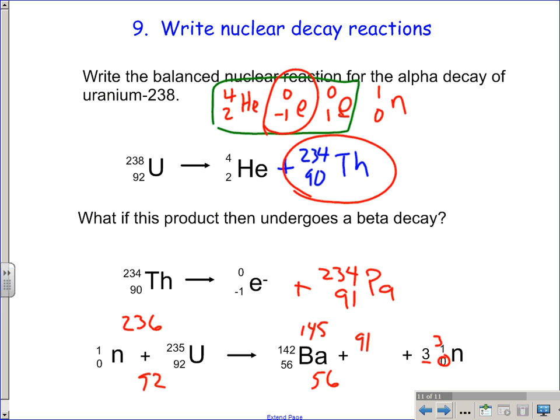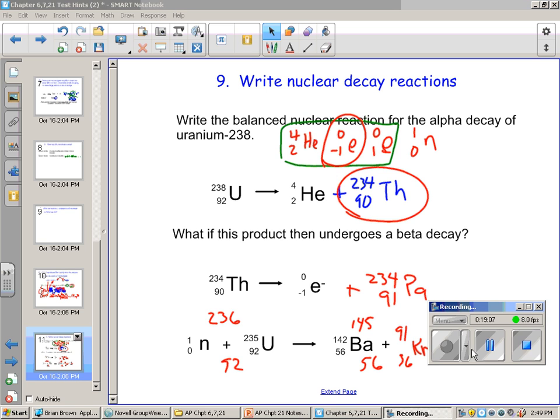So my missing mass number is 91. 92 minus 56 equals what? Well, 56 plus 36 equals 92. So my missing substance here is element number 36. So what's my missing substance? Krypton. So that was my missing particle in this reaction. And that ends my chapter help for the chapter 6, 7, 21 test.